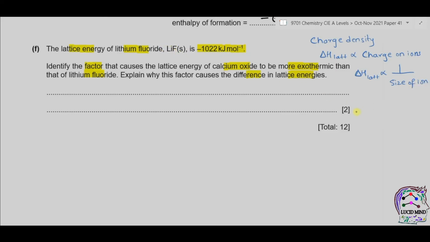As we can see, in lithium fluoride, lithium has +1 and fluoride has -1 charge, while in calcium oxide we have +2 and -2 charges. So we can write the factor, which is the charge density.